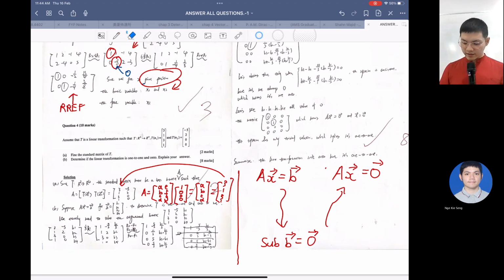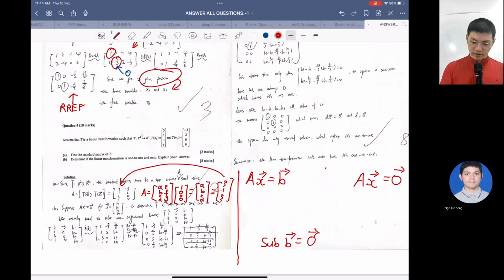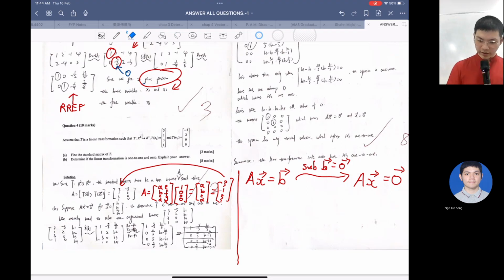How to see the answer from these two? Really, you just need to do one and then sub B equal to 0. And then you get your augmented matrix.